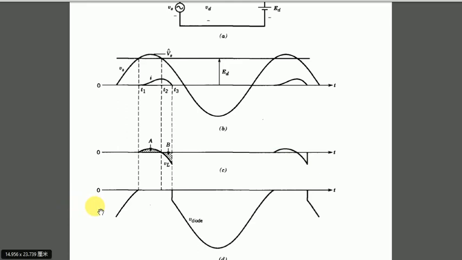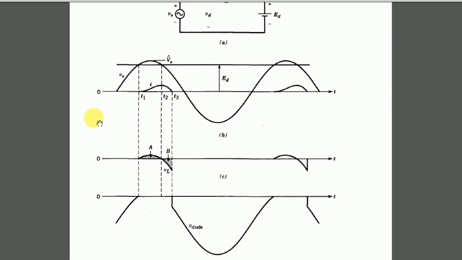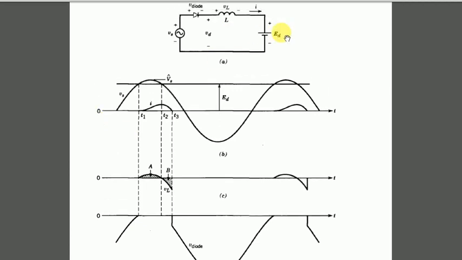It is worth noting that the voltage across the diode is negative. As I mentioned in the beginning, as long as Vs is less than Ed, the diode will not be forward biased and will not be conducting.